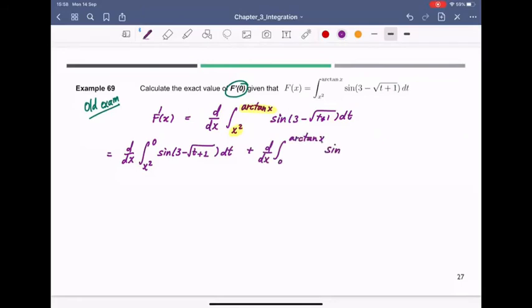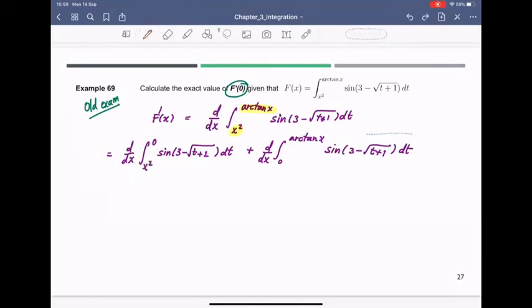Sounds good? Because I split it using 0 as our midpoint. And then after that, I swap x squared and 0. So this is my 0 here, this is my x squared here, and then I add a negative sign. You can see I did that so fast, right? I swap it and then add the negative sign. All right.